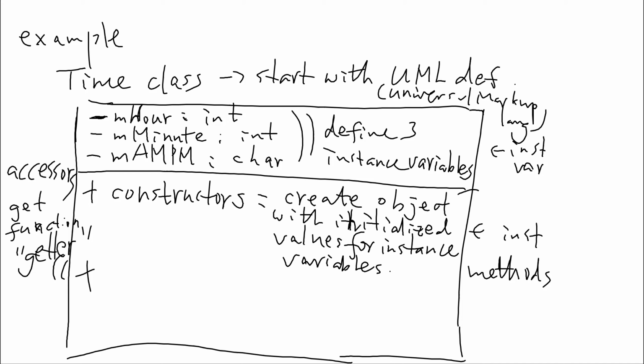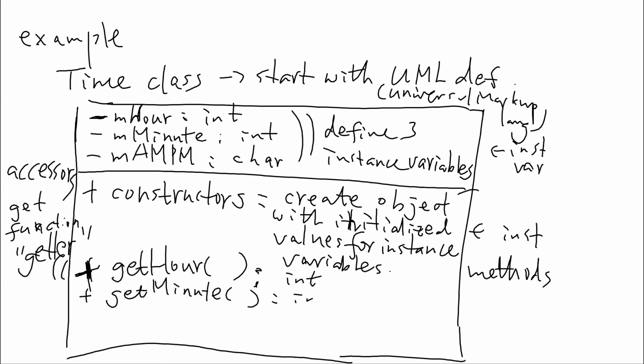Okay, so first, we want to know the hour information. You can name that method getHour. It's a method, and you want to know the return type of this method. It should be consistent with the instance variable, so it's an integer. And it's public. Same thing, you can define getMinute, and the return type is also integer.